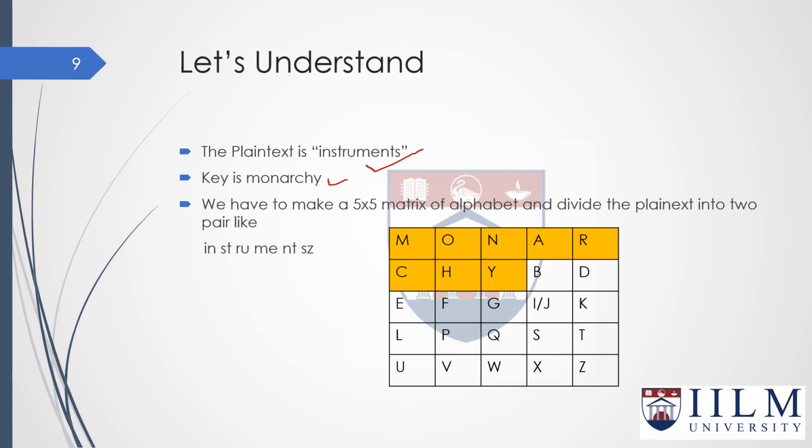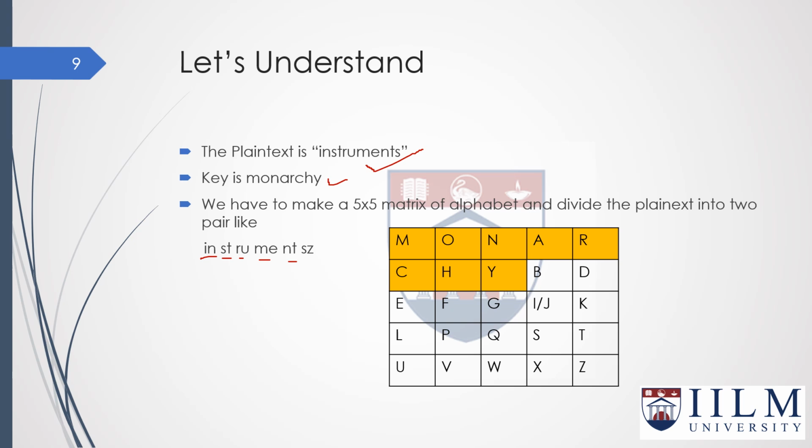Clear? After creation of this matrix, we need to create the pairing of letters from the plain text. So this is our plain text. We need to make it into pairs like this. IN is one pair, ST is another, RU is another, ME is another, NT is another.